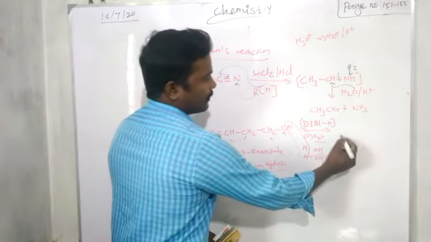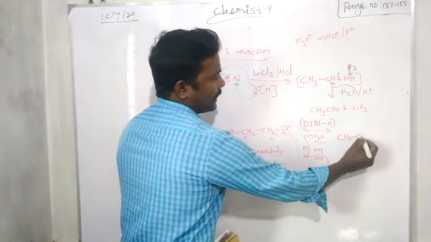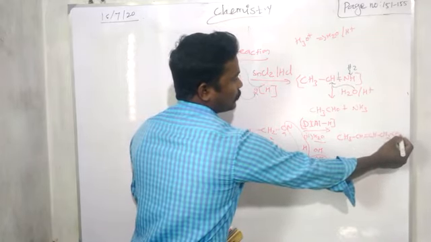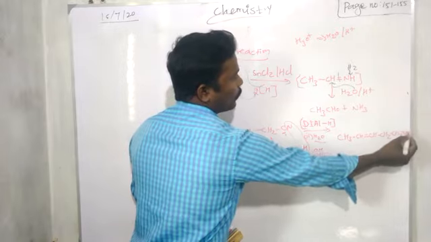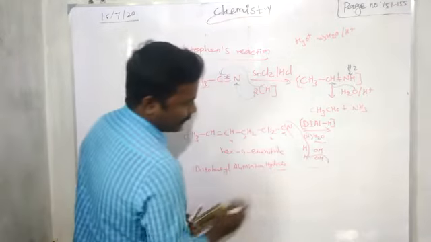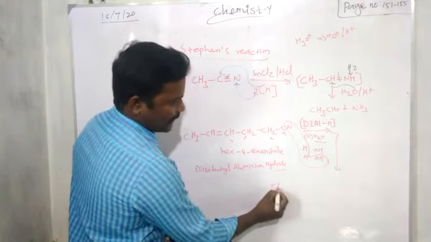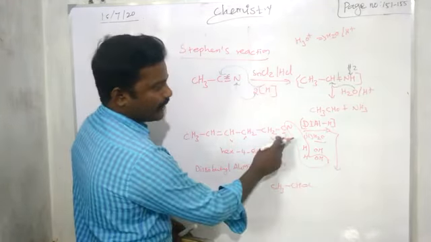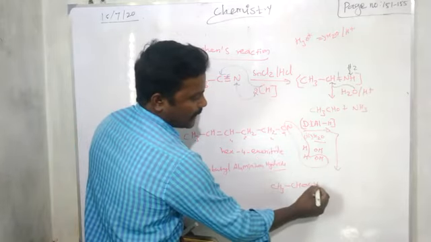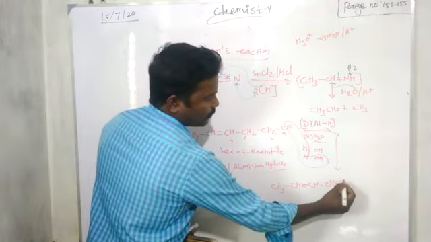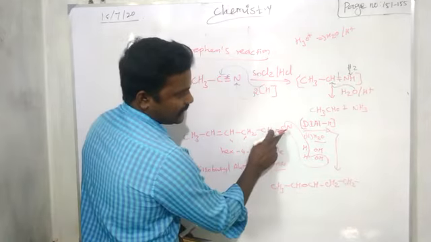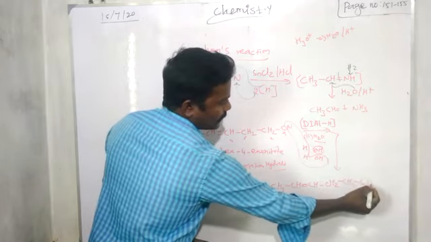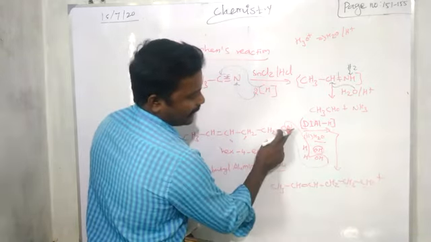So you will get the product CH3 CH double bond CH CH2 CH2 CHO. I am writing it again: CH3 CH double bond CH, CH2, CH2, then CHO, the remaining OH will add, plus NH2OH.